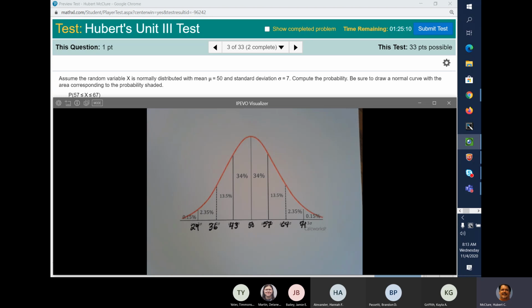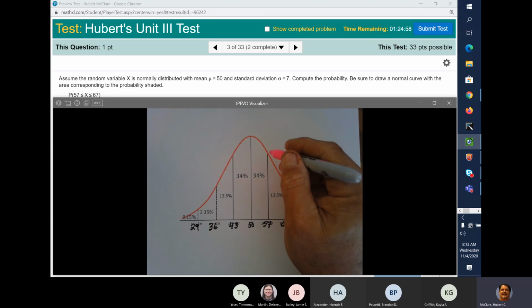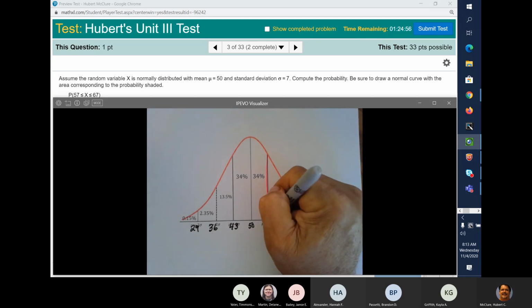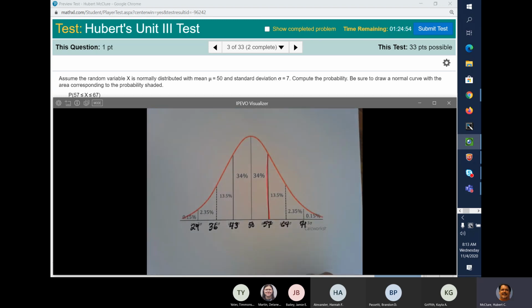And it says they want to know the area between 57, let me use a pink highlighter here, 57 would be right in here, and 67. We don't have 67, so we've got to find it.